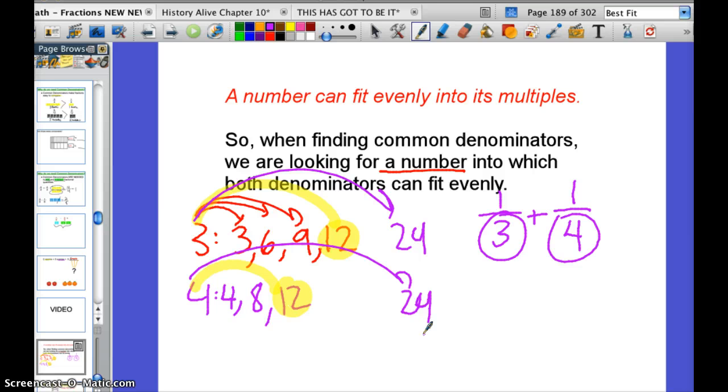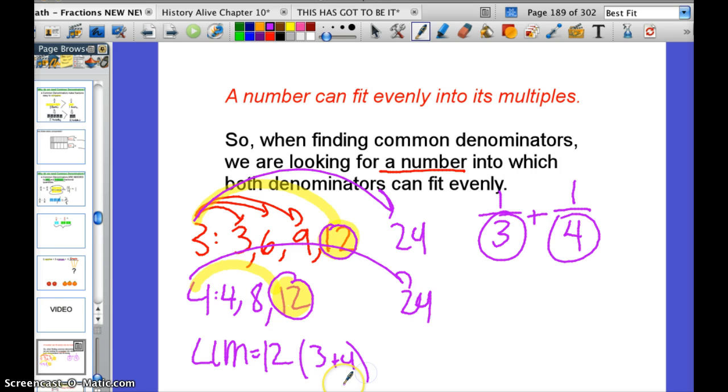So this is their least common multiple between 3 and 4, and so that will be the new common denominator because both 3 can fit into it and 4 can fit into it.